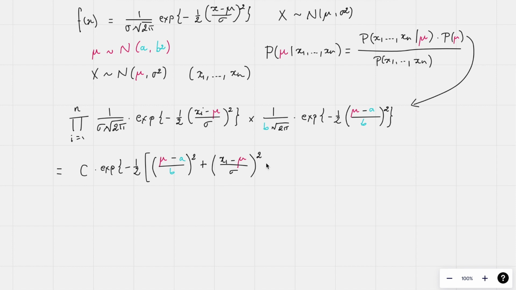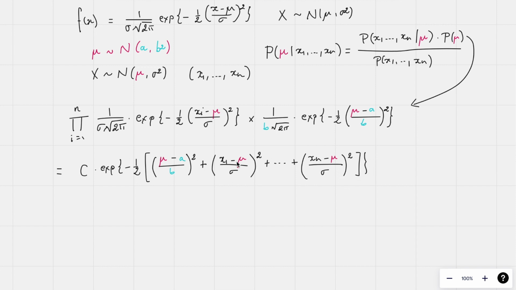And we have n of those terms, so I'm just writing the first and the last. The last is xn minus mu divided by sigma, everything squared. So that's what's inside the exponential here.